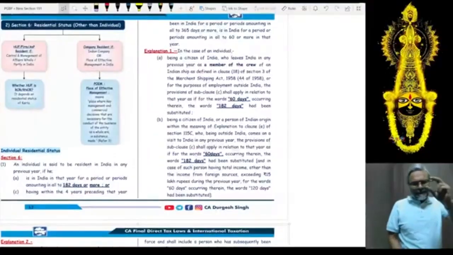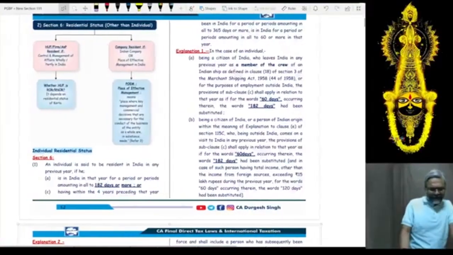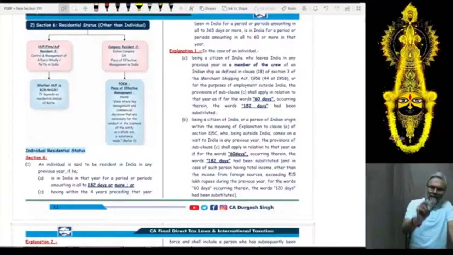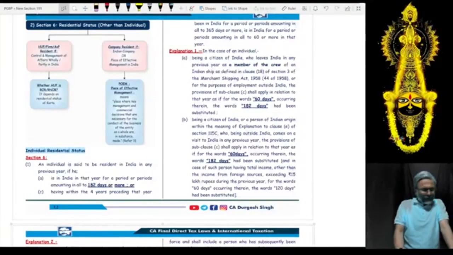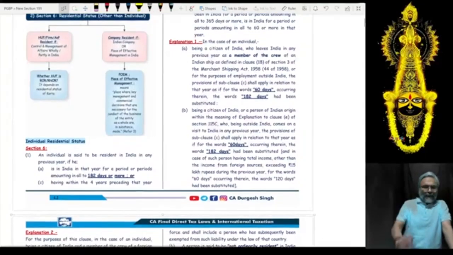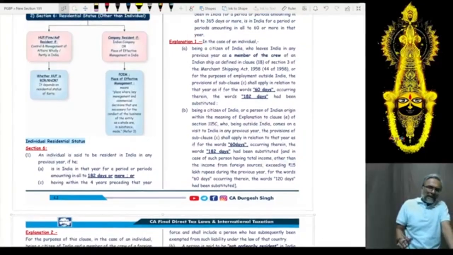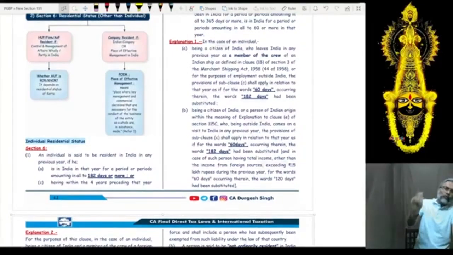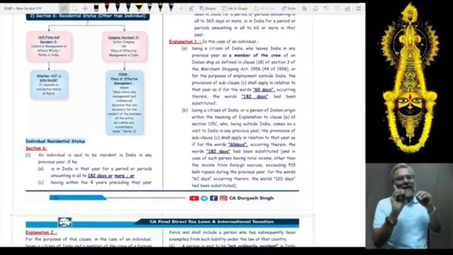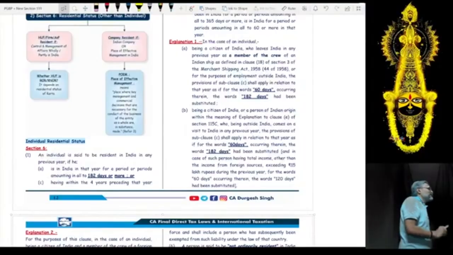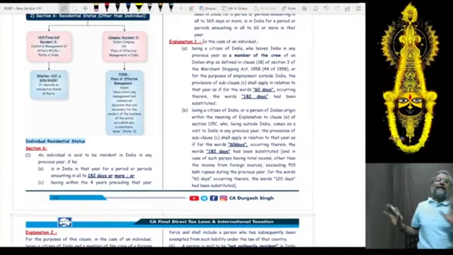Nevertheless, friends, over here now, be careful. When you revise, let's quickly recap this. The period, the conditions. As you know, any individual, students, if he satisfies one of the two basic conditions, then in that case, that individual will become a resident in India.